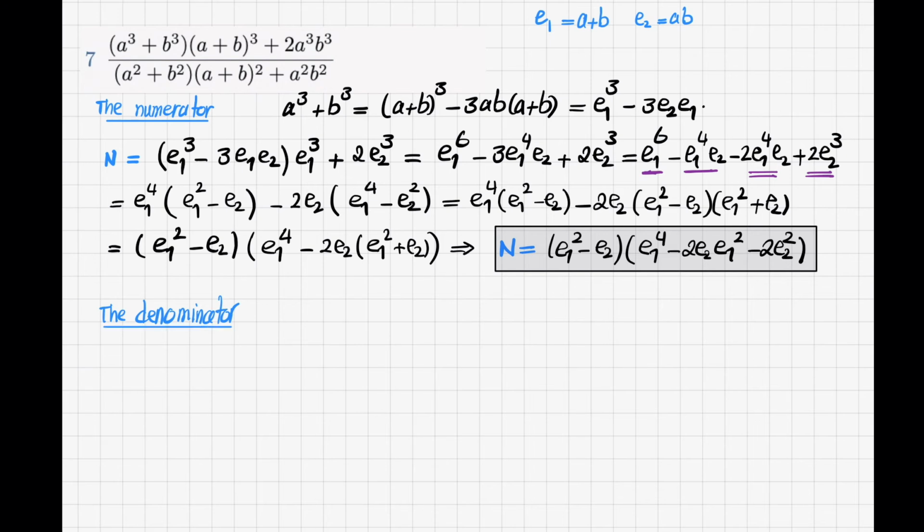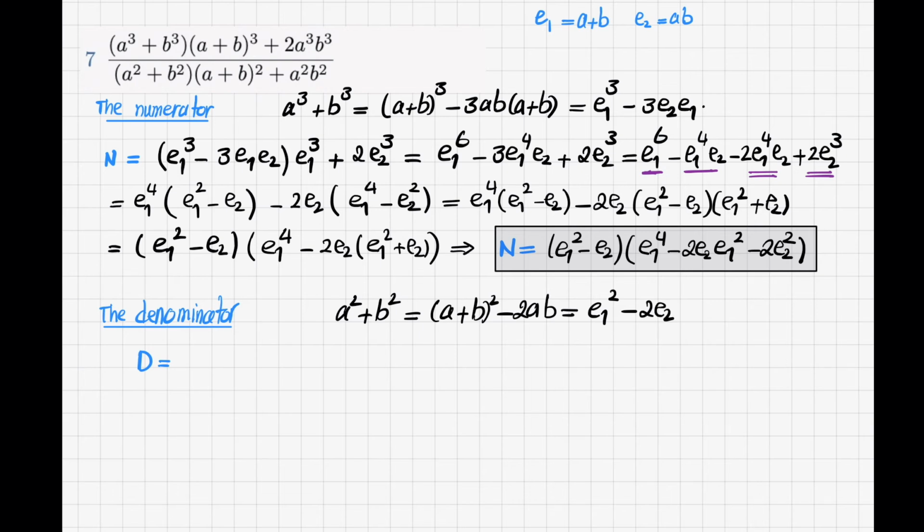My denominator d is equal to, if you remember, we had this formula that a^2 plus b^2, I think it is in the first lecture on algebraic identities part 1, becomes (a+b)^2 minus 2ab, and then e1 is a plus b and e2 is ab, so you can write it as e1^2 minus 2 e2.